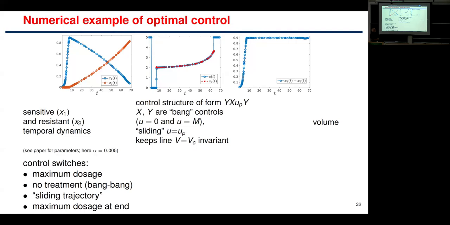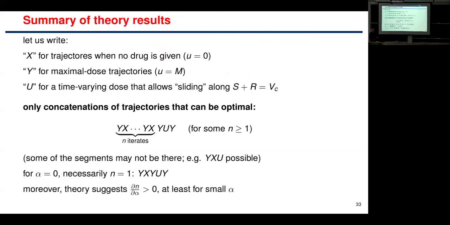And what's happening in here can be described in the following way. And these are now theory results. It's not for particular parameters, but it is assuming that the resistant cells grow slower than the sensitive cells. Let X be the trajectories for the vector field corresponding to no drug, Y being the vector field corresponding to maximal dose.